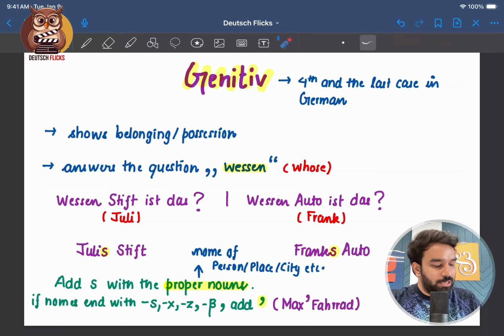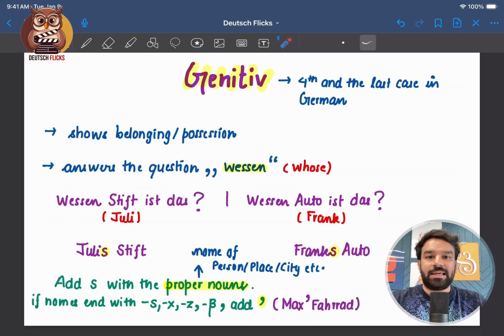By the way, how will you read this in German? You will say Max Fahrrad. That means this cycle belongs to Max. And we are done with the easy portion of genitive. So you have to remember two things, that with proper nouns we add only S and we are done.